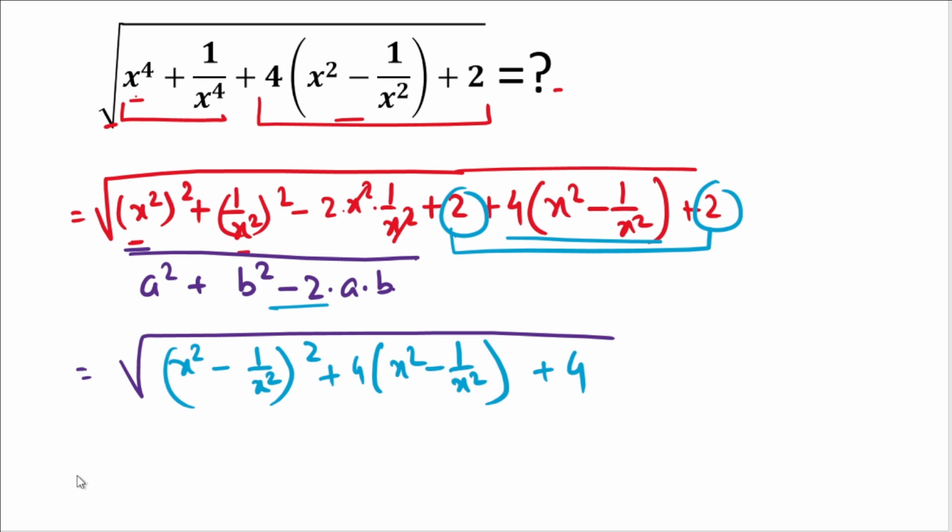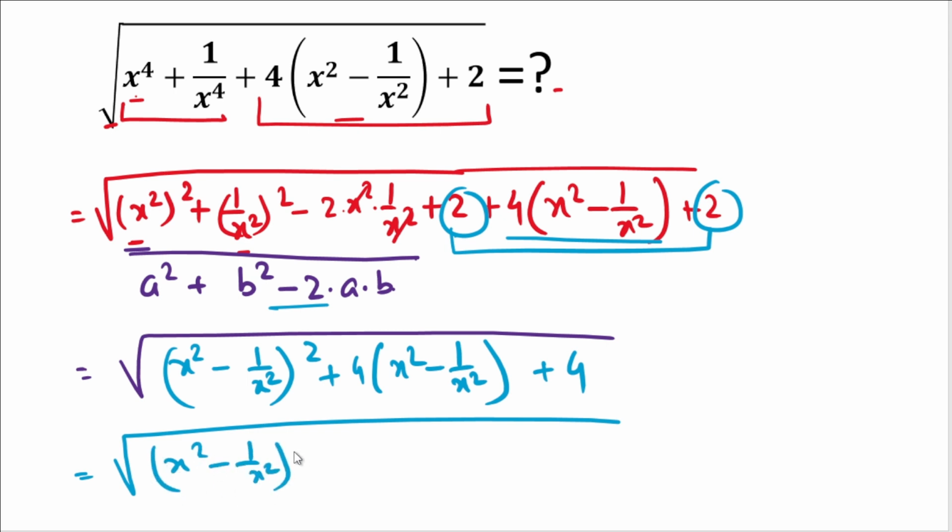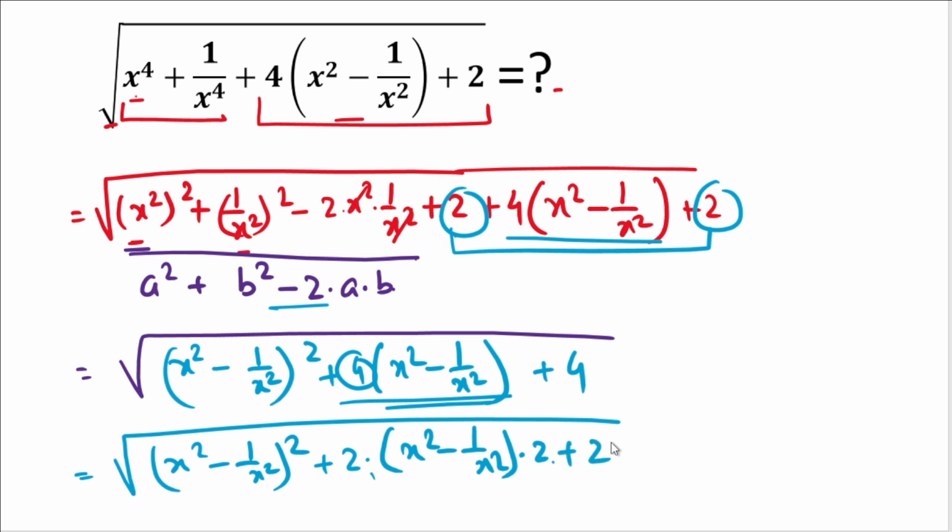So in the next step we'll write the square root of x square minus 1 by x square and its whole square, and this term we'll write as plus 2 times x square minus 1 over x square multiplied by 2. We have written 4 as 2 times 2, and the remaining term 4 we'll write as plus 2 square.